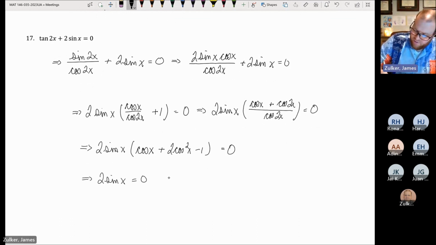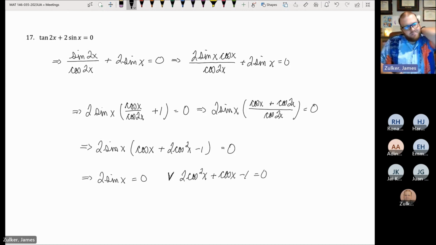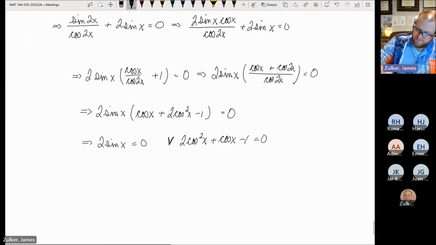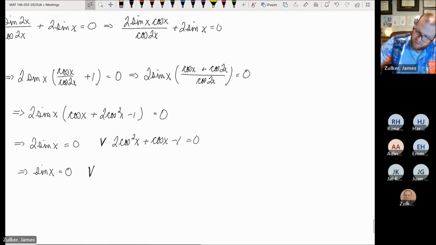Two sine of x is 0, or 2 cosine squared plus cosine minus 1 is 0. The first one means sine of x is 0. Here's what I'm going to do.